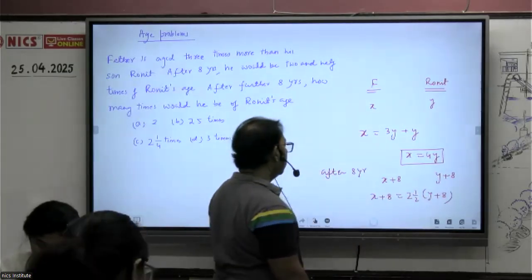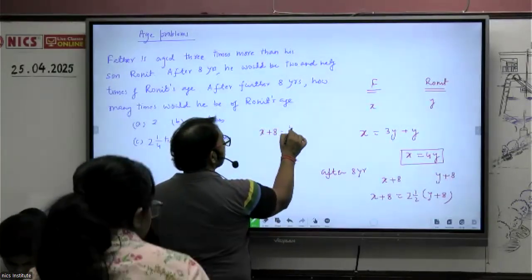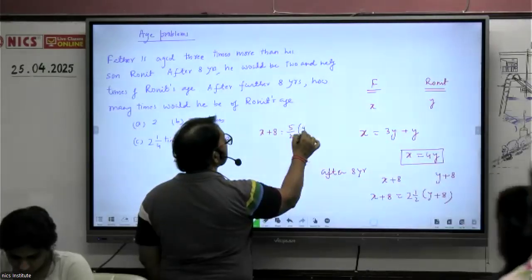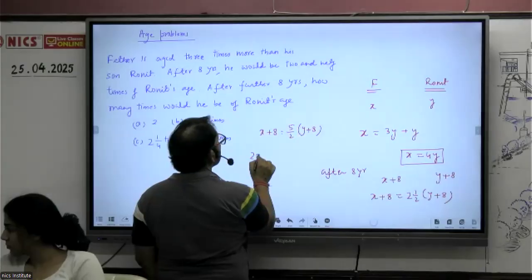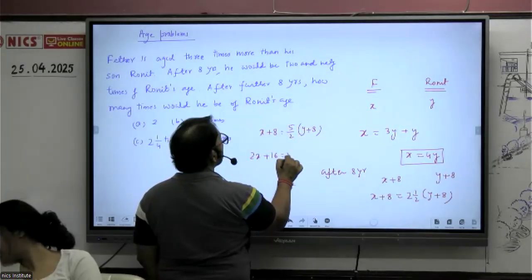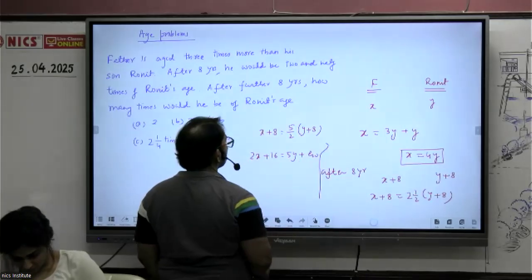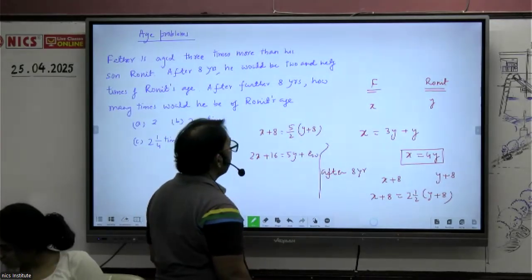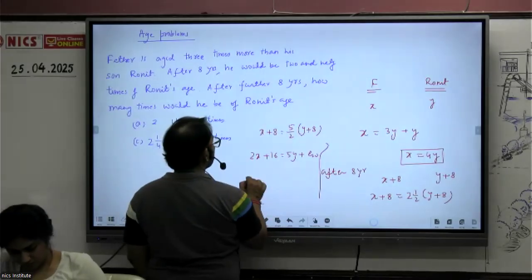That is the equation after 8 years. So X plus 8 is equal to 5 by 2 into Y plus 8. Right? So it will be 2X plus 16 is equal to 5Y plus 40. You can replace X. X is 4Y.